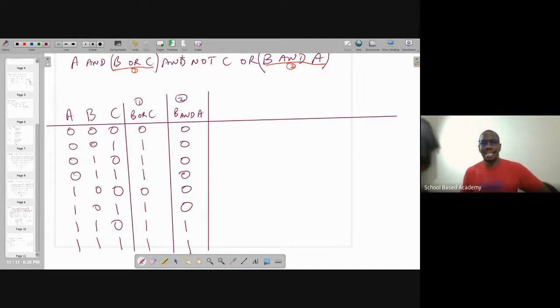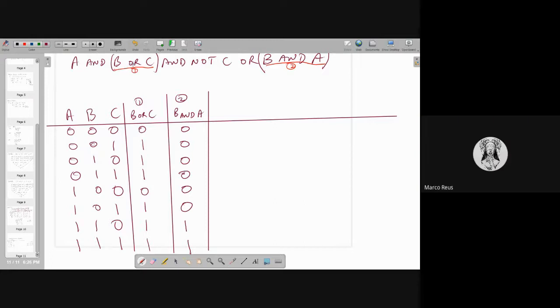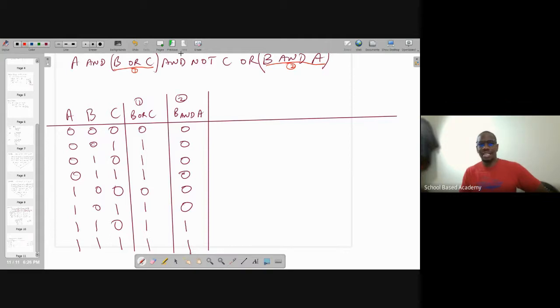What is the next thing that we'll do? The next thing that we do is to take a look at the not C. So this is the third thing that we'll do.